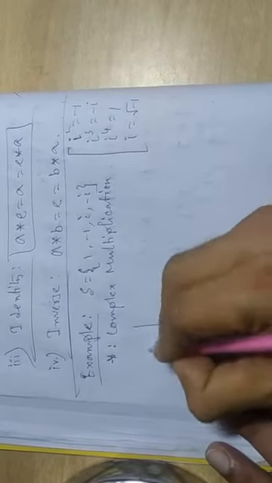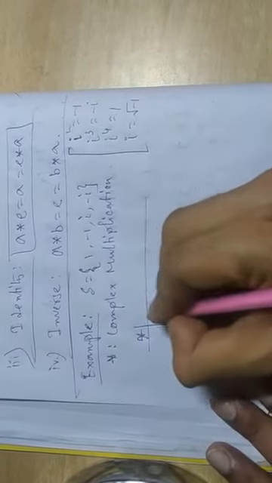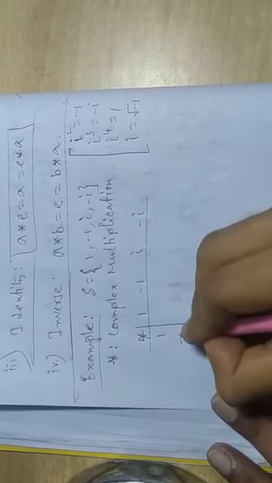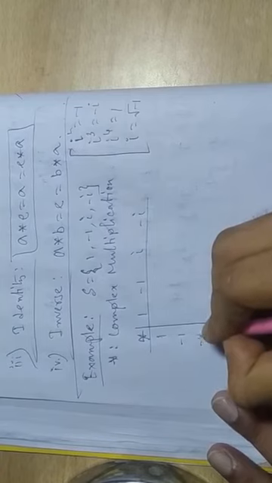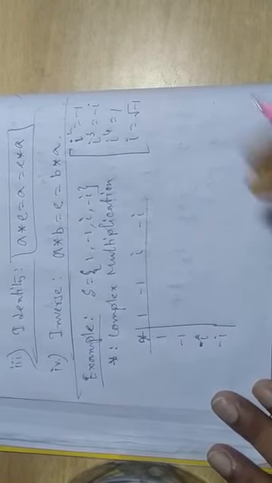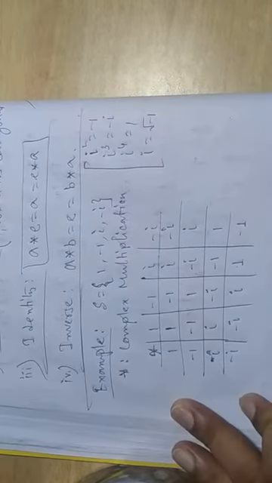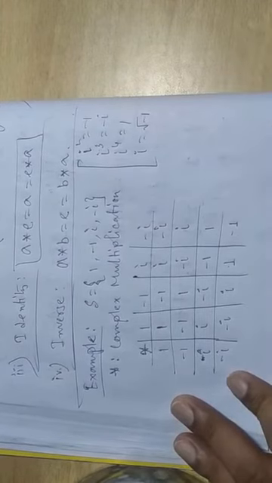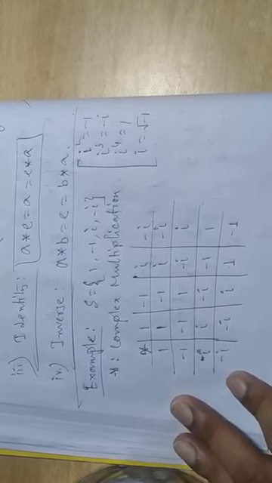So we will write star here, the elements here, also here, 1, minus 1, i, minus i. So now make the table. Okay, so see, this is the composition table, and first of all we have to check whether it is commutative or not.